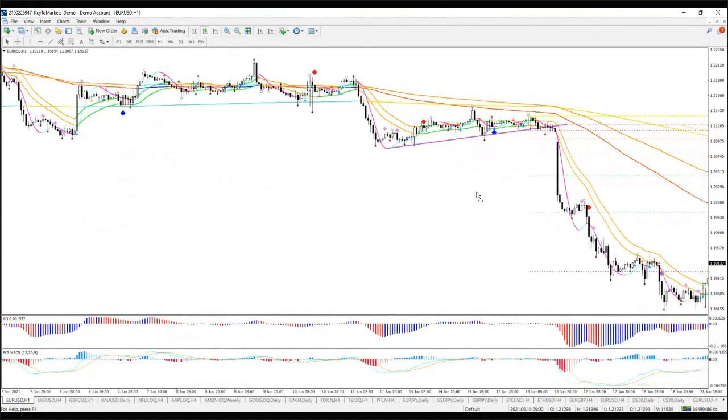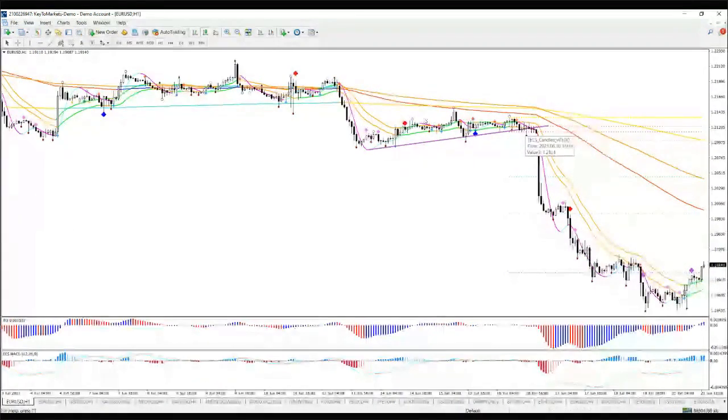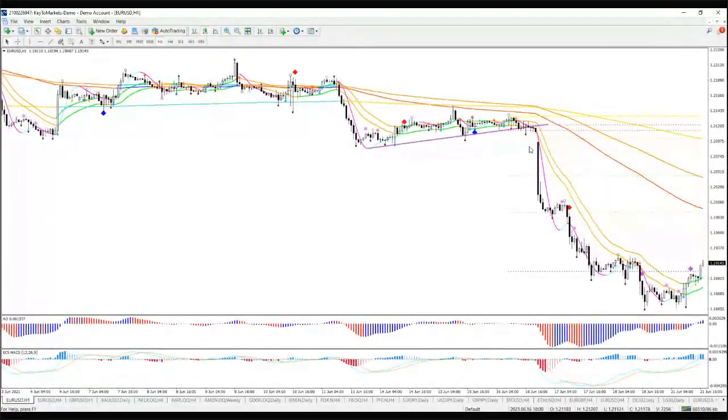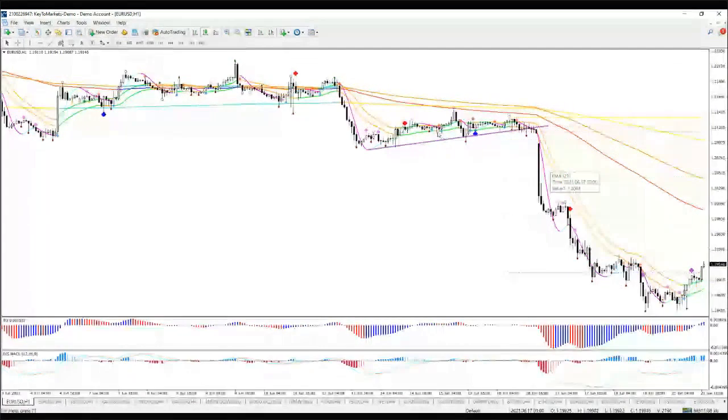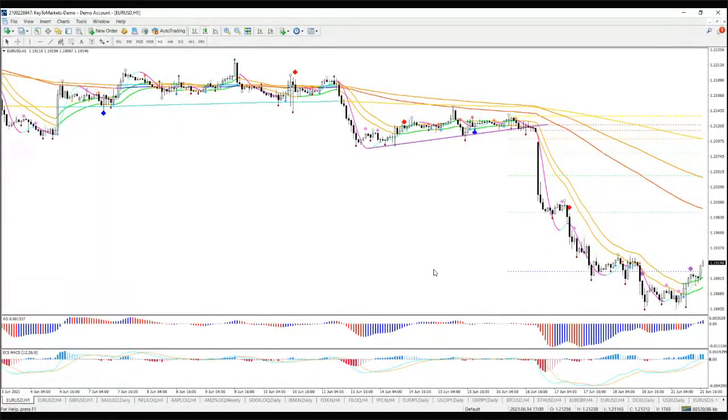But the great thing is that even though the long setups were in a floating loss for a while, the targets to recover out of the floating loss were just hit. That's great news, and we'll do an update on that in tomorrow's automated trading webinar.